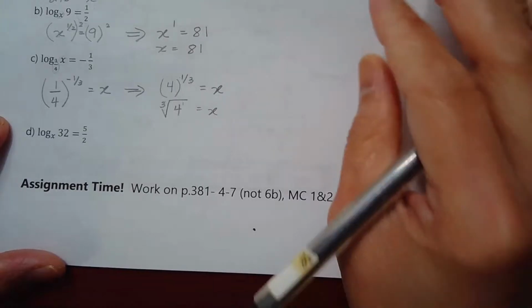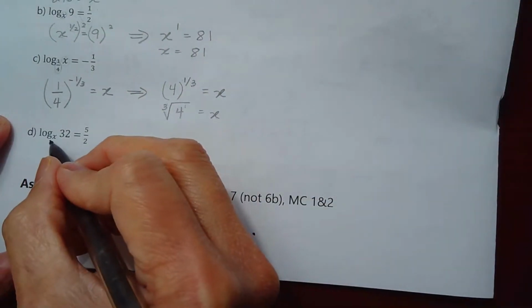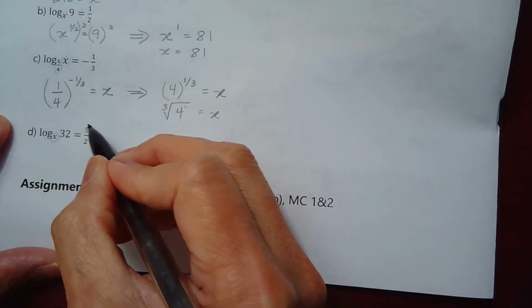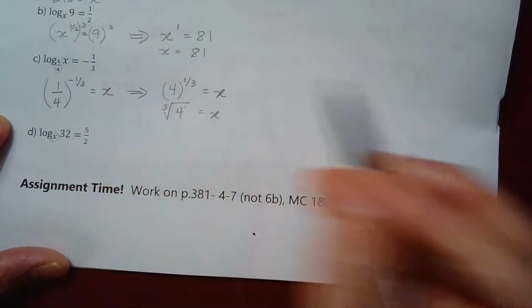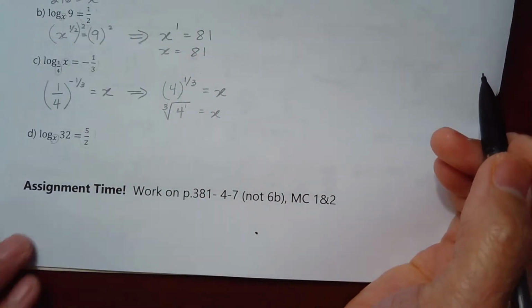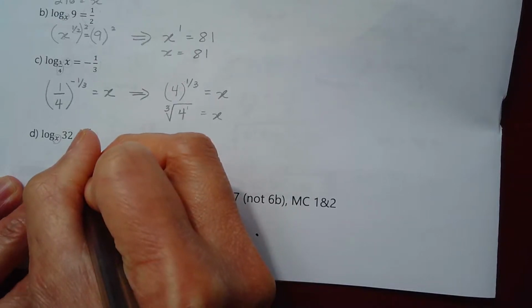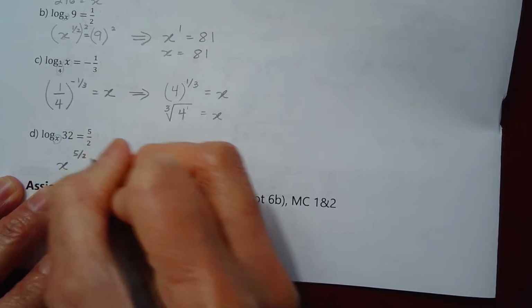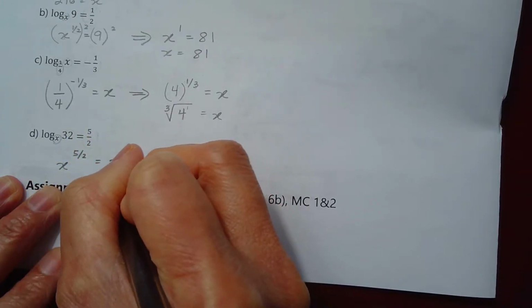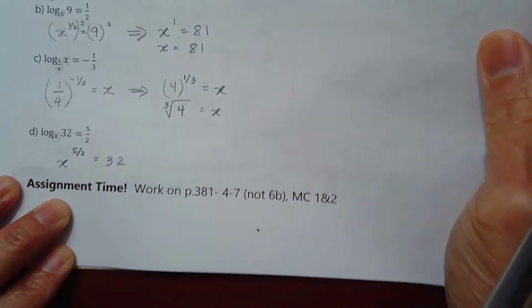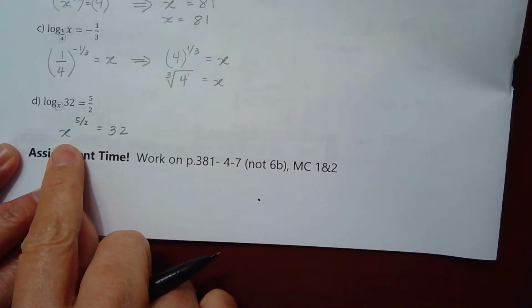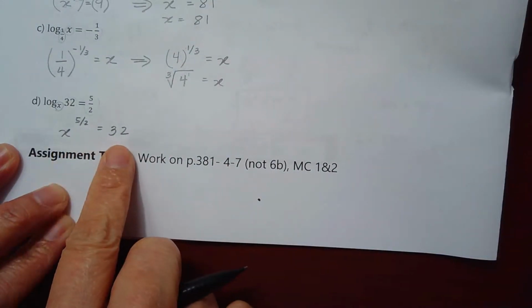Okay, last but not the least, the base is missing. We got the exponent and we got what it's equal to. So let's see here. The base is missing. X to the 5/2 is equal to 32. So how can we do this one in here?